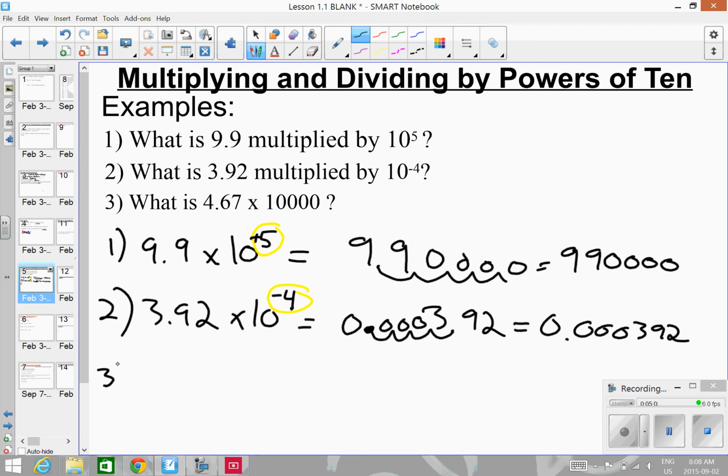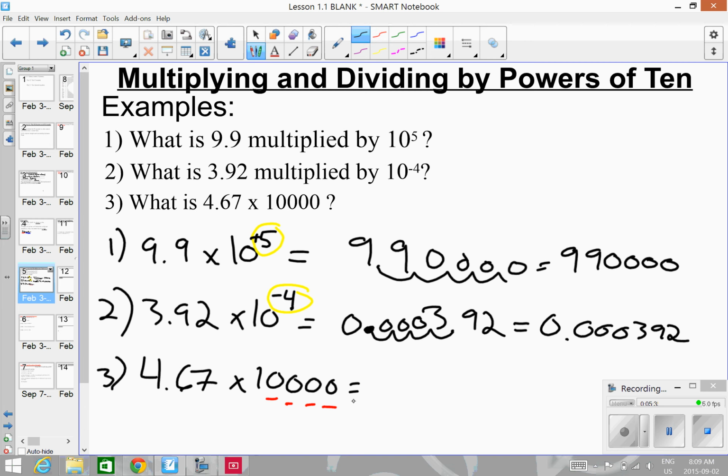And last one, number 3, 4.67 times 10,000. Just like when we're doing it with exponents, except we don't have an exponent this time, we are actually just going to count how many zeros this number has. So we have 1, 2, 3, 4. That means we're going to move the decimal 4 times.